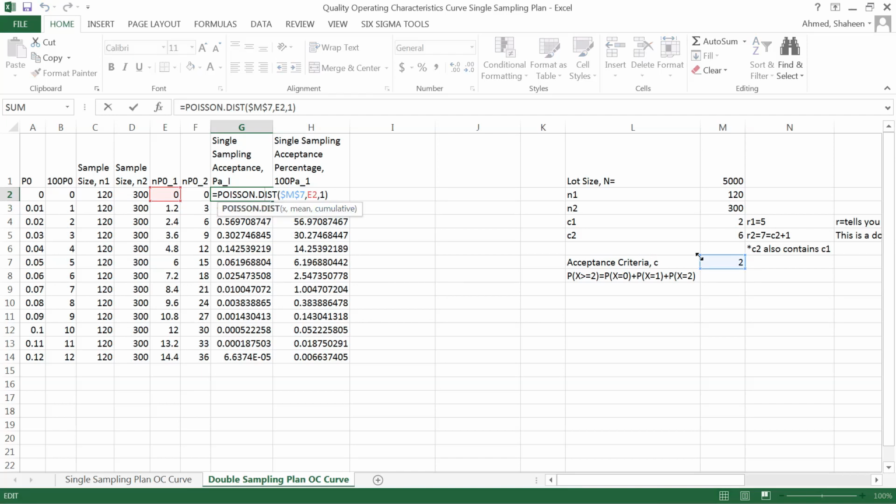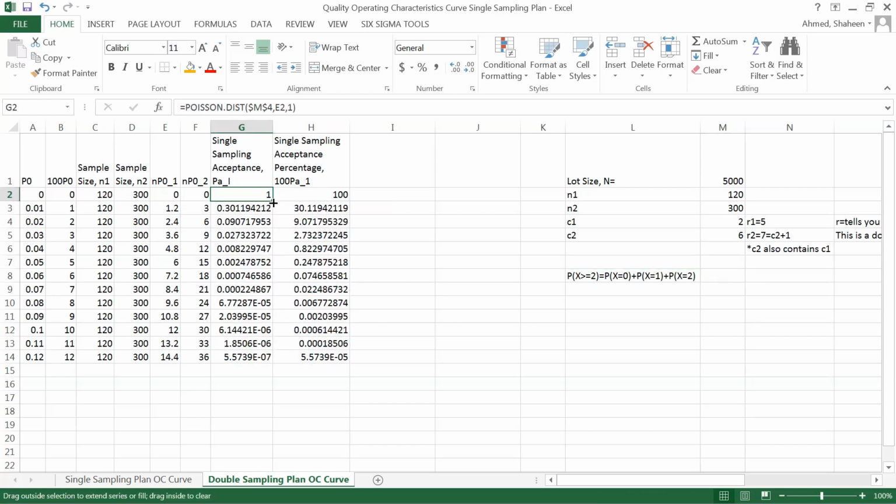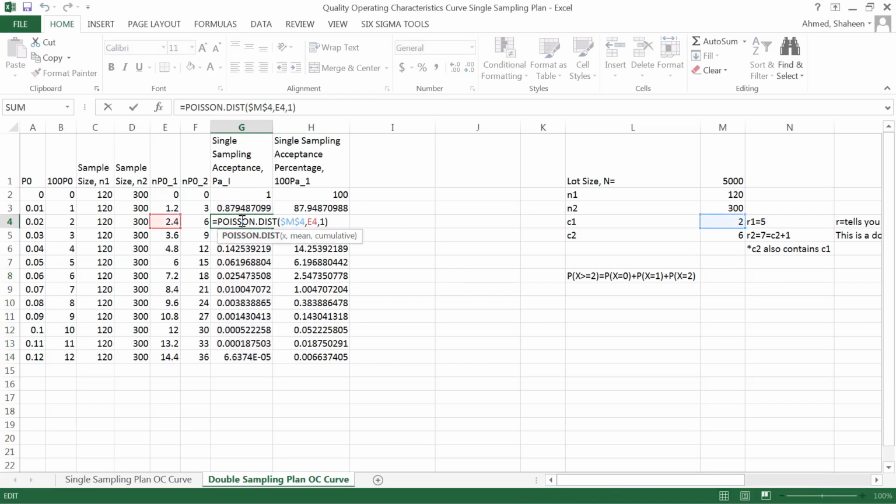Let me change that to this, and I'm going to delete that, like that. Okay, so that is C1, based on the acceptance number at the first sample. So you allow a maximum of 2 defective, all the way up to 2.